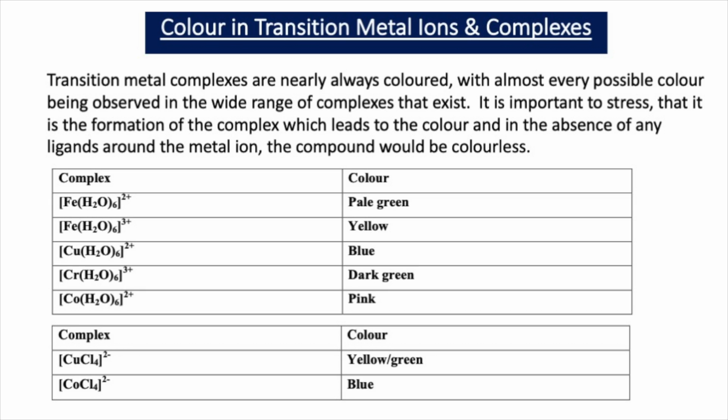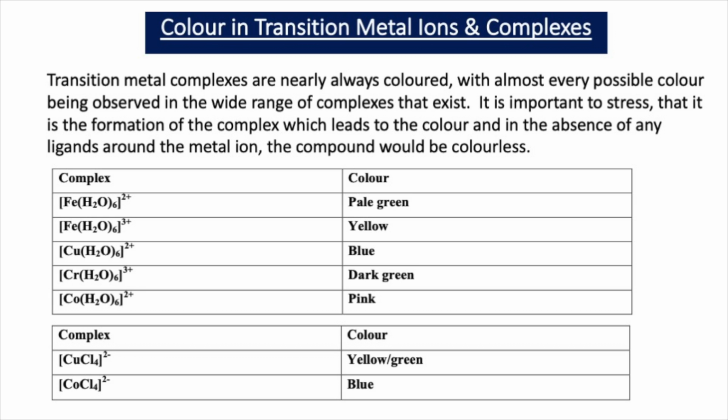A Cu(H2O)6 2+ ion causes compounds to have a blue colour, while the presence of a Cr(H2O)6 3+ ion gives rise to a dark green colour in compounds. A Co(H2O)6 2+ ion, which we've just seen a few slides ago, gives rise to a pink colour in compounds.